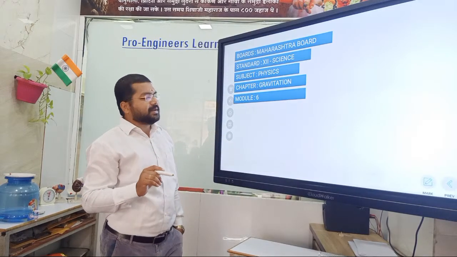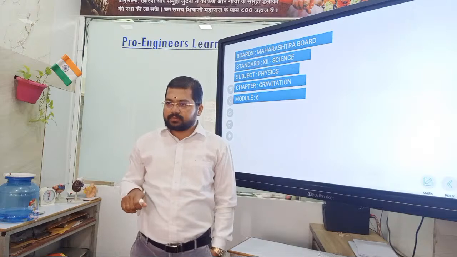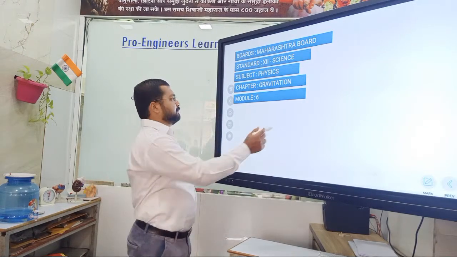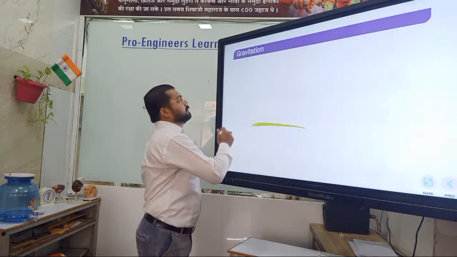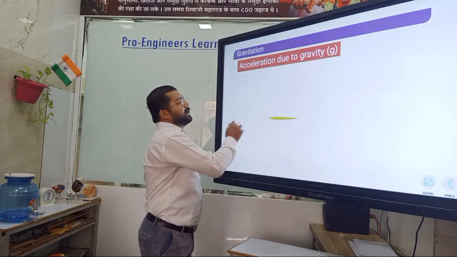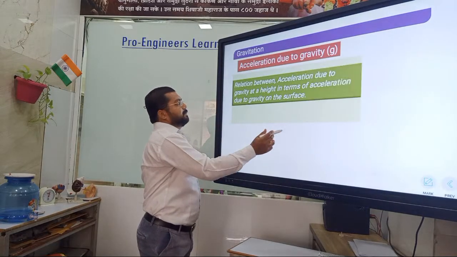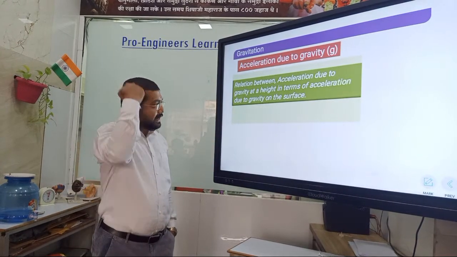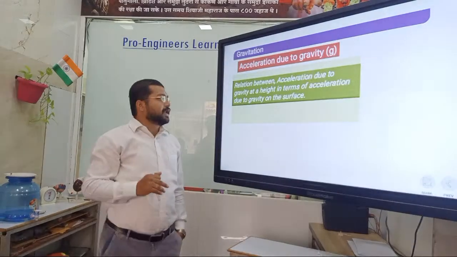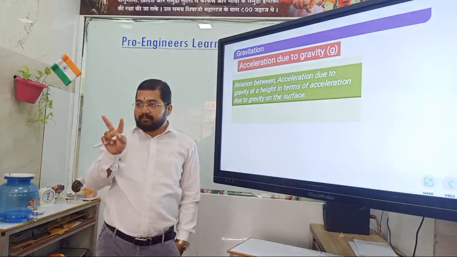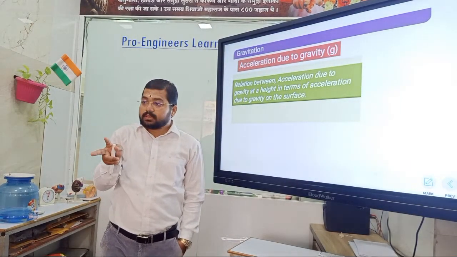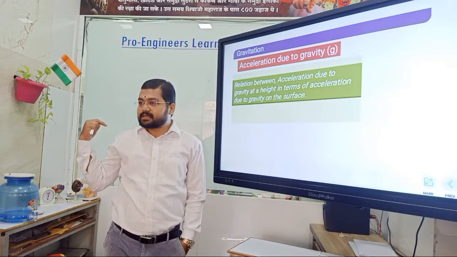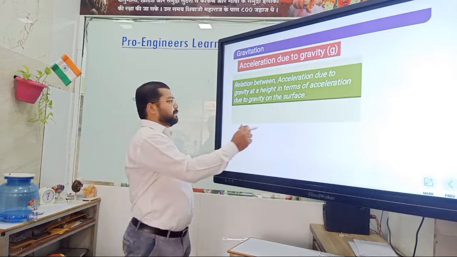Third point might be that g is at depth, that can be possible. So we have seen the relation of acceleration due to gravity at height in terms of acceleration due to gravity on the surface. Now we have to see the relation between those two conditions, just as we discussed in model number 5.